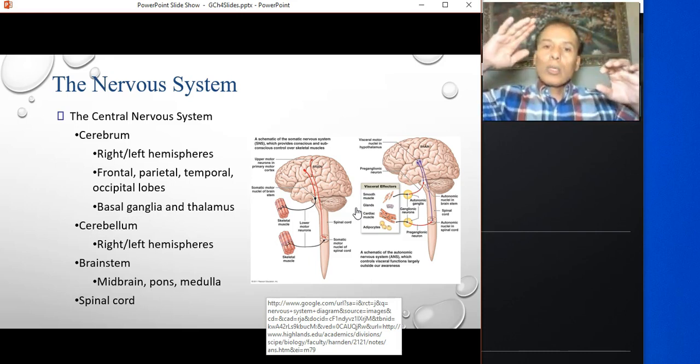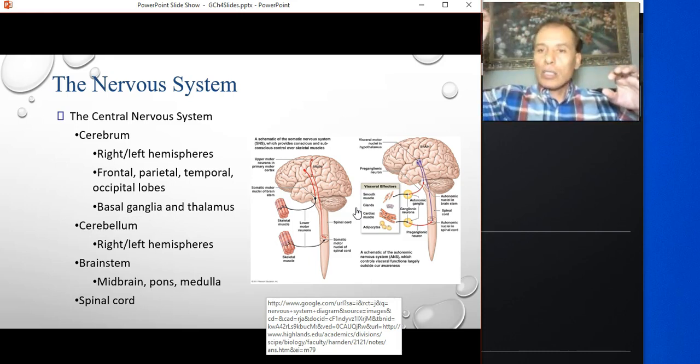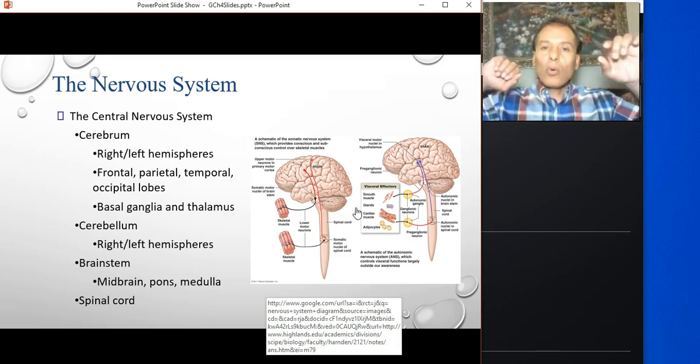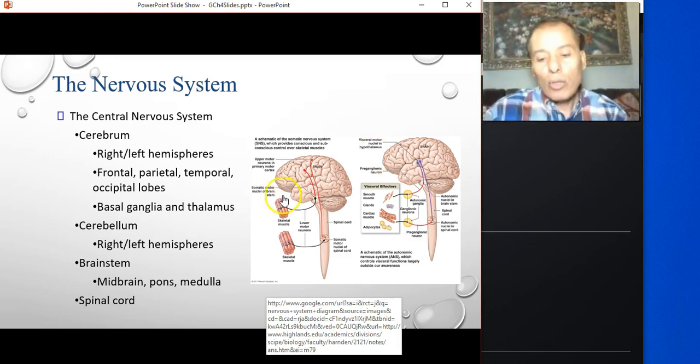One is called the central nervous system, and the other one is called the peripheral nervous system. The central nervous system consists of the brain and the spinal cord. Spinal cord is just like the tail of the brain and continuous with the brain.